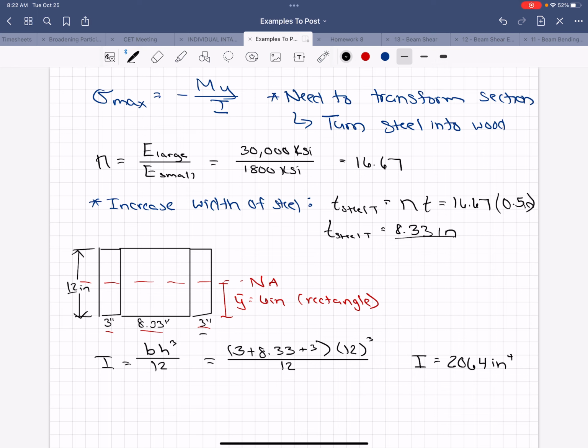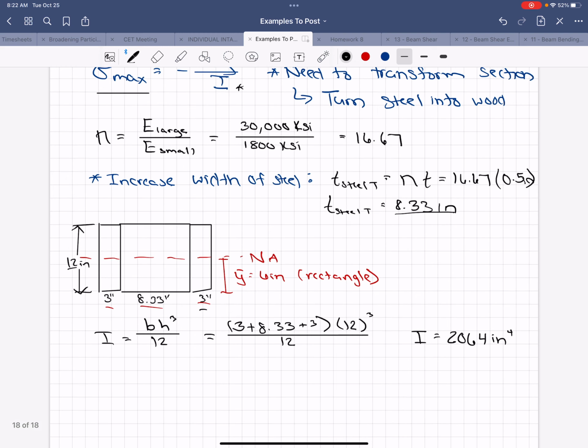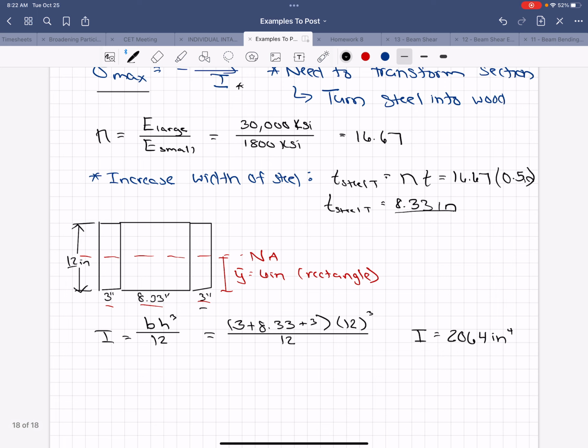Okay, so now we look at our equation again to calculate sigma max. All we needed was M, y, and I, so we have all of that. So we have to calculate sigma max both for the wood and the steel, and then see which controls. So we'll start with the wood.